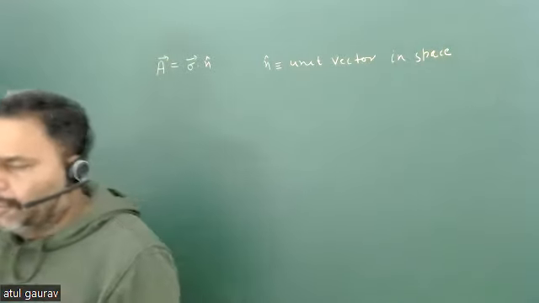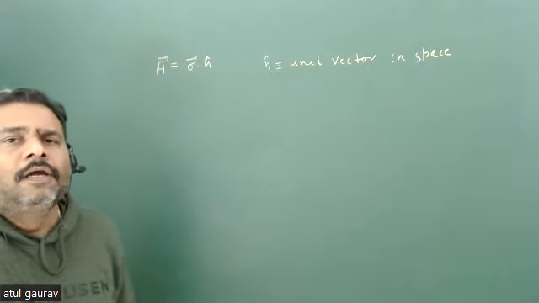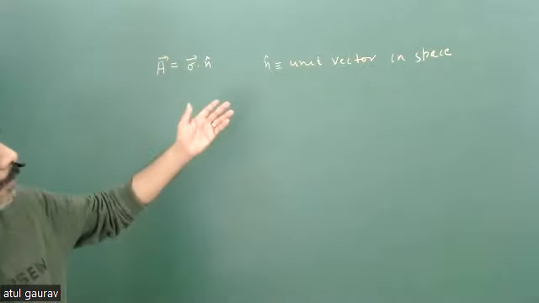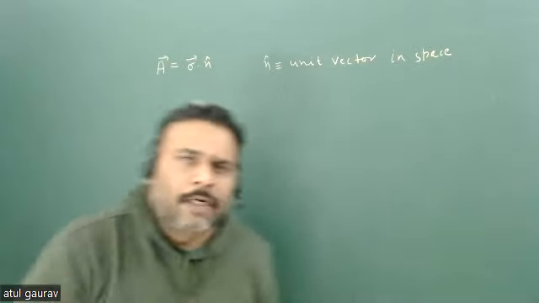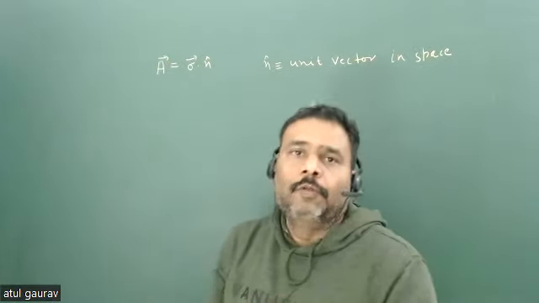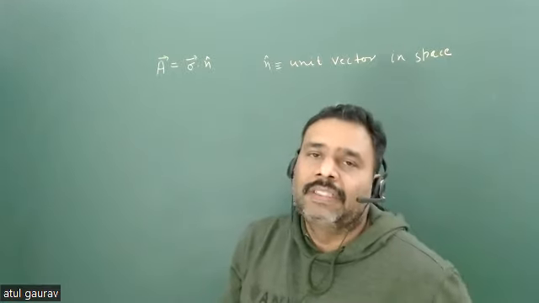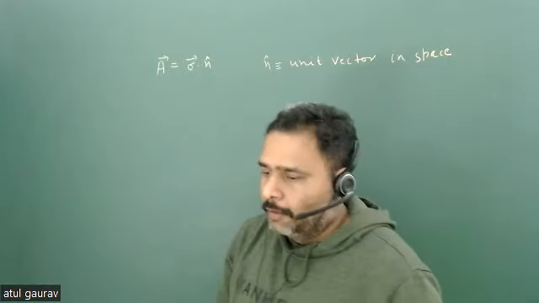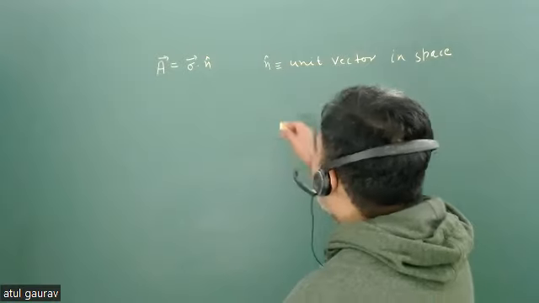You can write the unit vector in space in Cartesian coordinates, and also in polar coordinates. What is a unit vector? Any vector whose magnitude is 1. So what is my n cap?